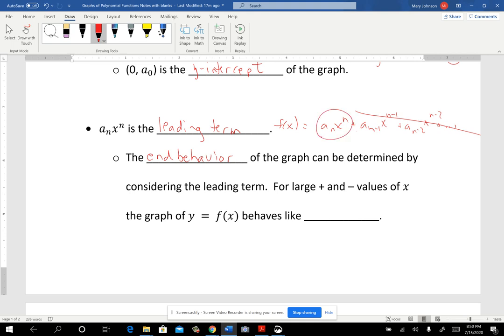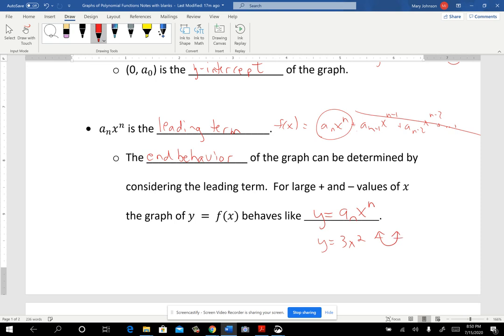So the graph of y equals f of x behaves like the graph of y equals the leading term. It basically determines, it overpowers. I like to think of it like that, it overpowers all the rest of the problem, okay? And so if the leading term is y equals 3x squared, I know it would look like this, okay? Ultimately, at the ends, it would have that basic end behavior.